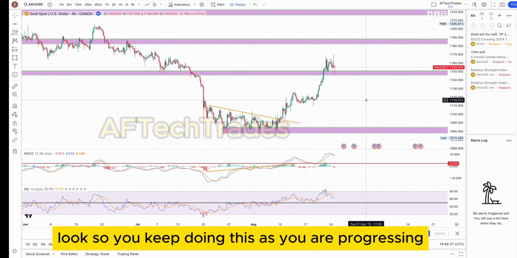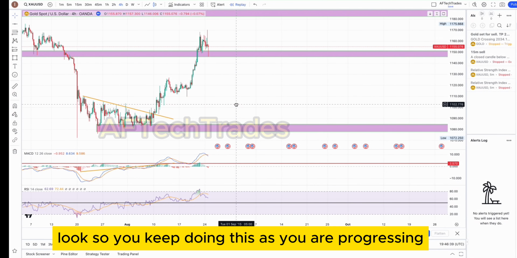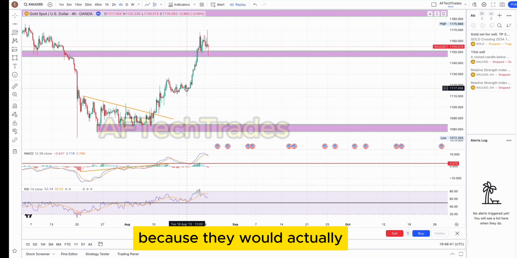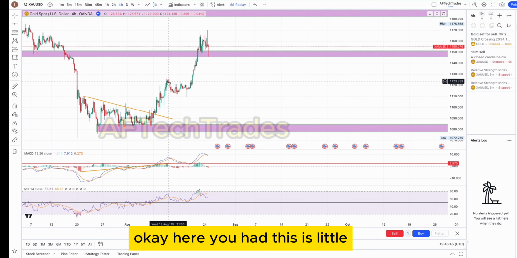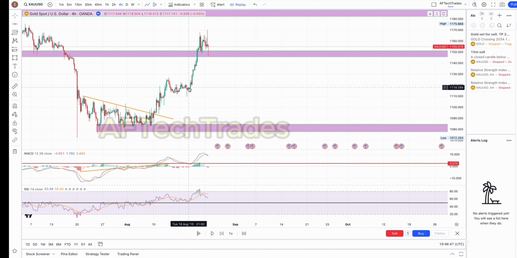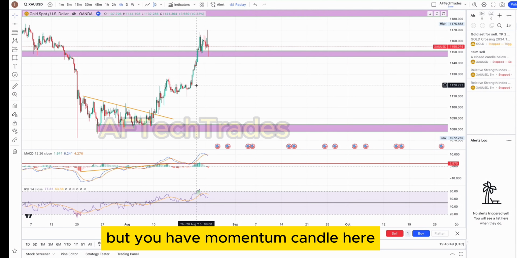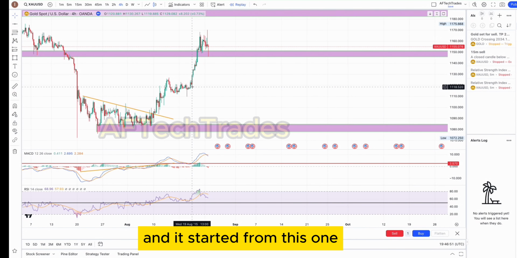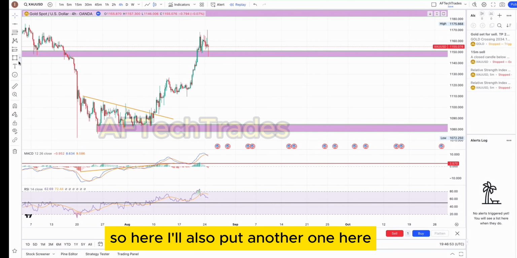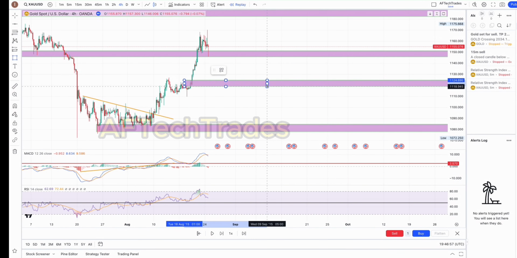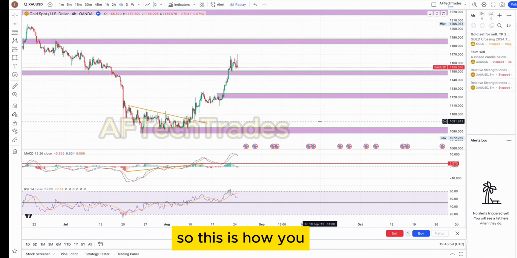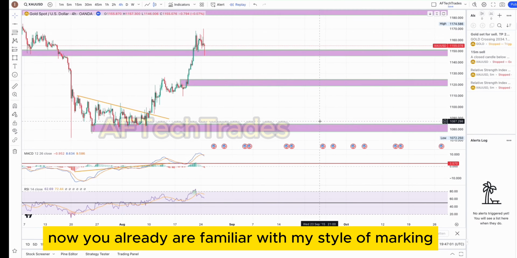So you keep doing this as you are progressing. Here you had, this is little, but you have a momentum candle here and it started from this one. So here I'll also put another one here.